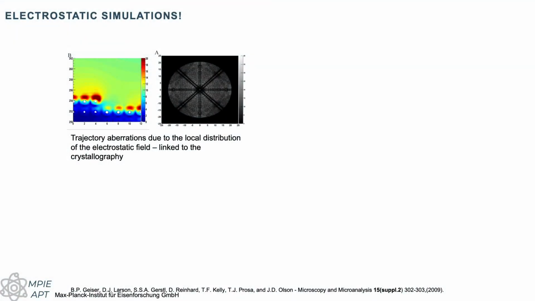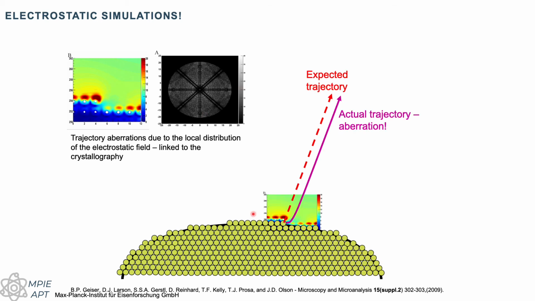Challenges would be, for example, the difference in the field strength between the center of the terrace and the edge of the terrace itself, and this is what leads to these typical patterns. Because if we consider these atoms right at the edge of the terrace, the expected trajectory should be a straight line, but there's always some subtleties in the early stages of the flight that will deflect the atoms from where they're supposed to go.